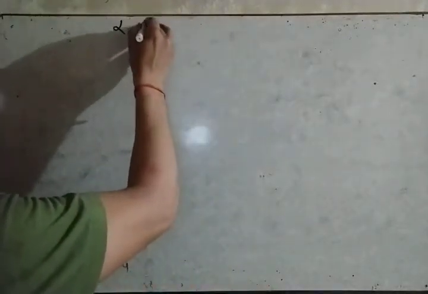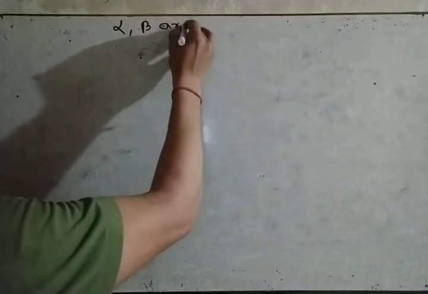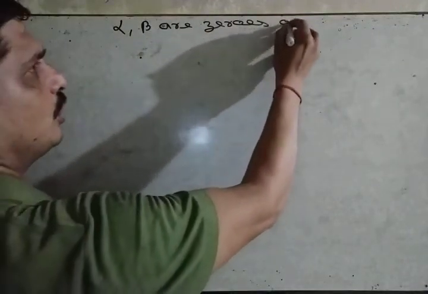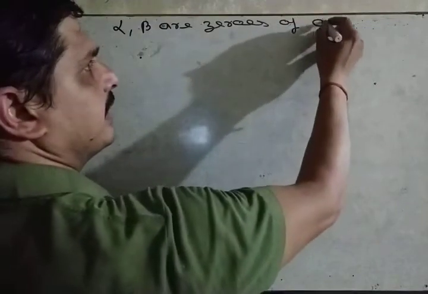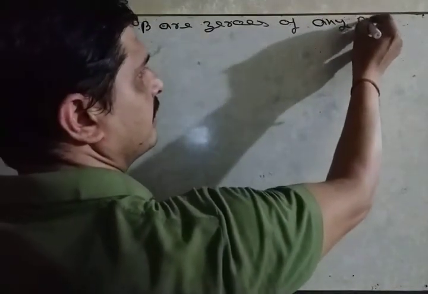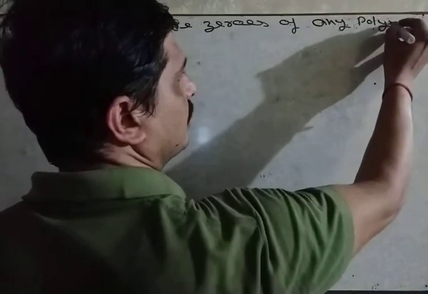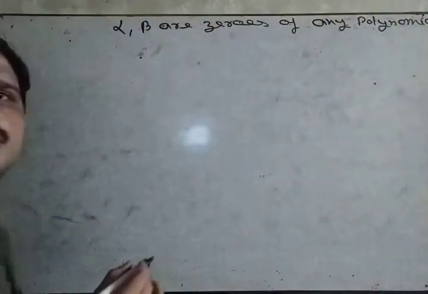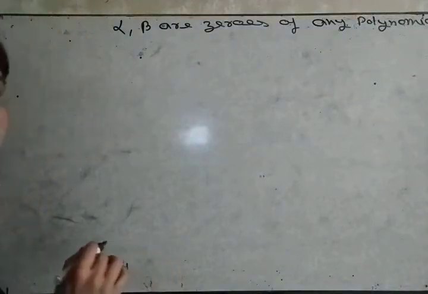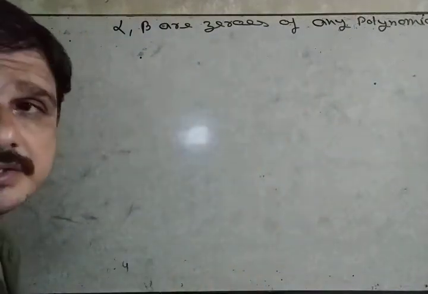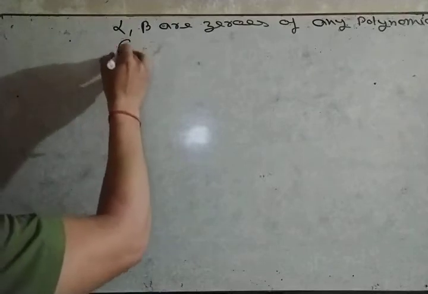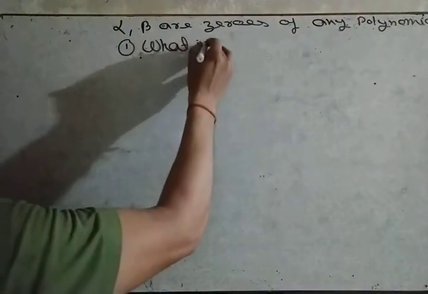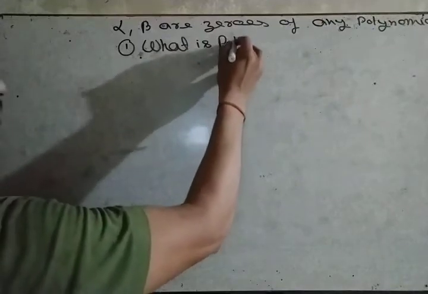So what was the result if alpha and beta are zeros of any polynomial? We are asked three things. First, what is the polynomial?